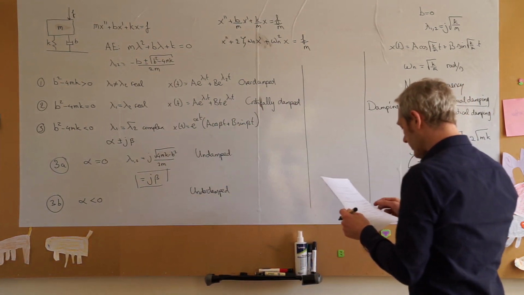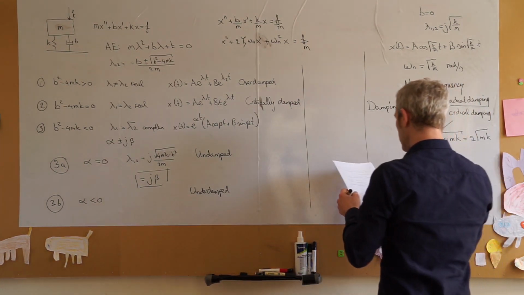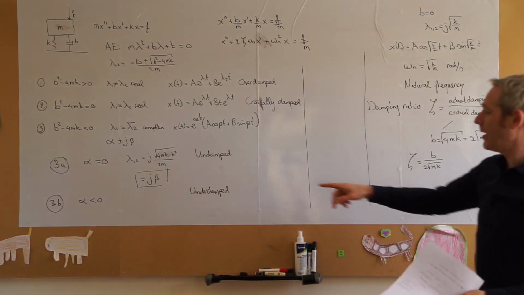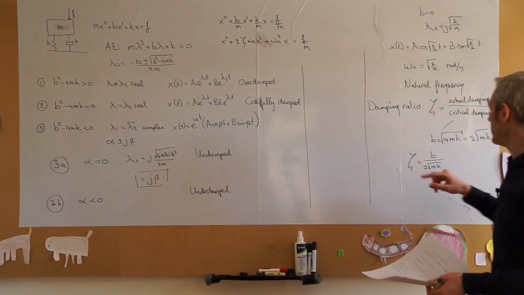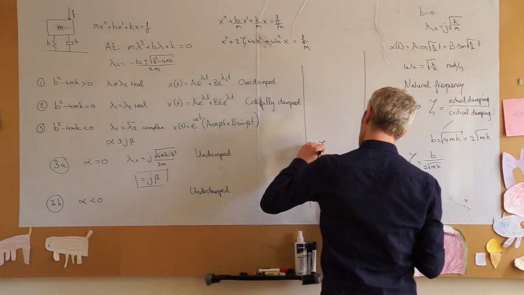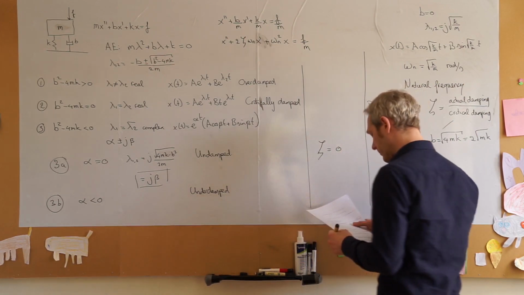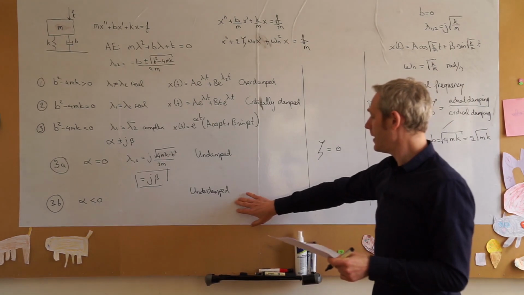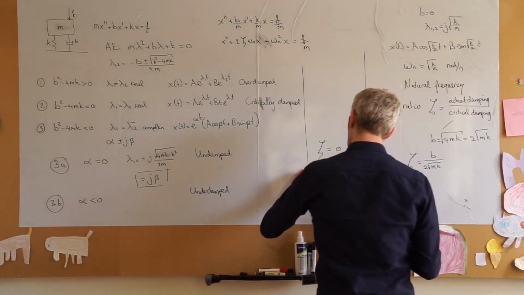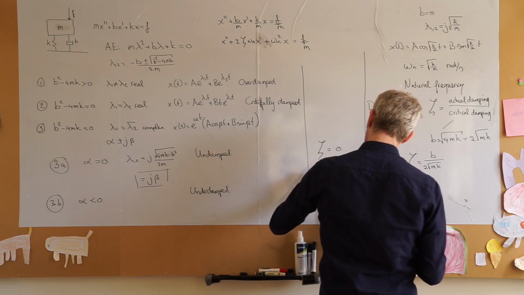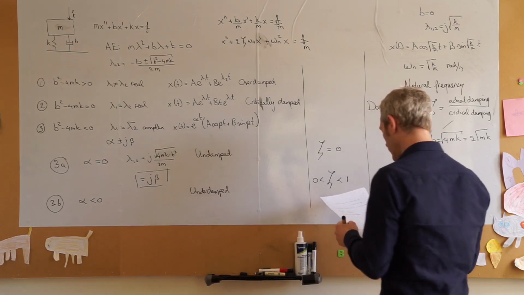These occur in the specific situation where if we have an undamped system, then beta will be equal to 0, which also means that zeta is equal to 0. An underdamped system, zeta will be between 0 and 1.